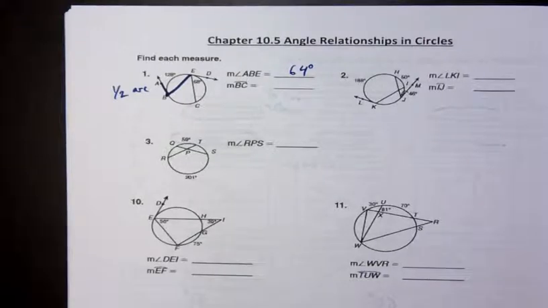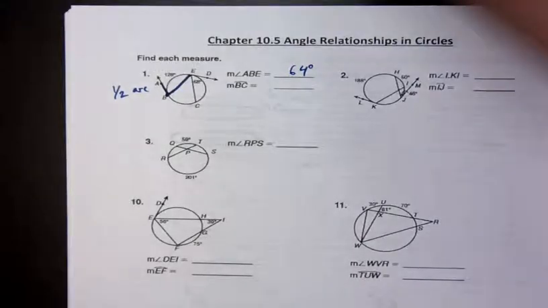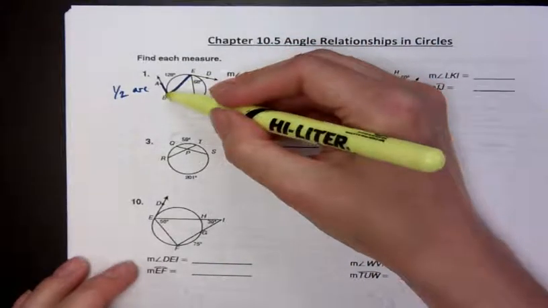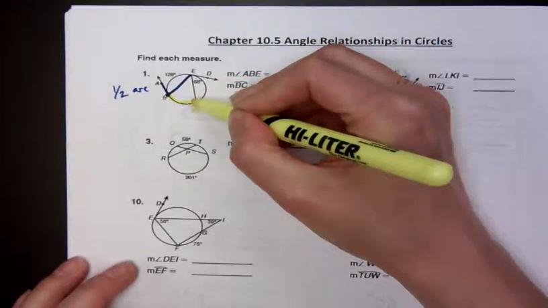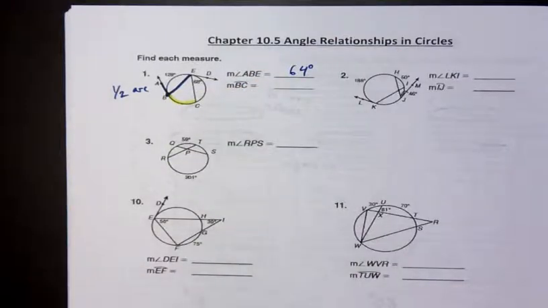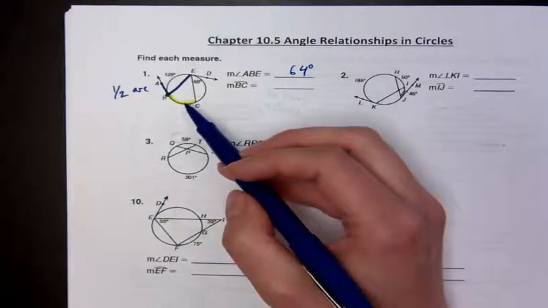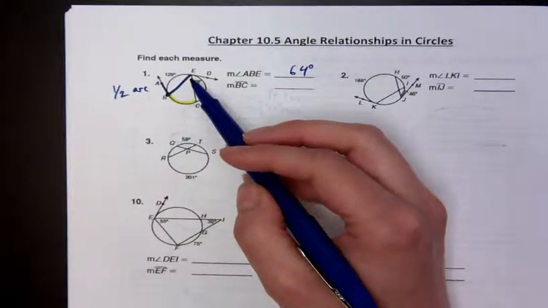All right, what is the measure of arc BC? How am I going to go about finding that? So to find arc BC, I don't have this angle measure yet.